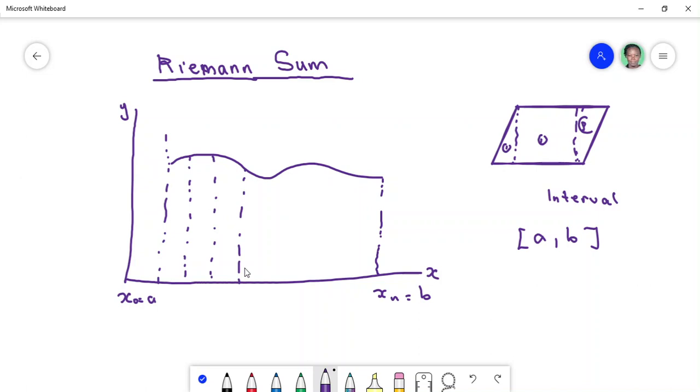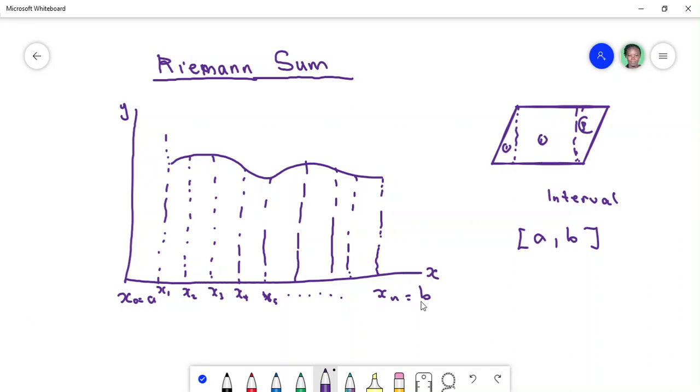So let's say you partition to the best approximation such that, let's say this is x1, x2, x3, x4, x5, to xn.